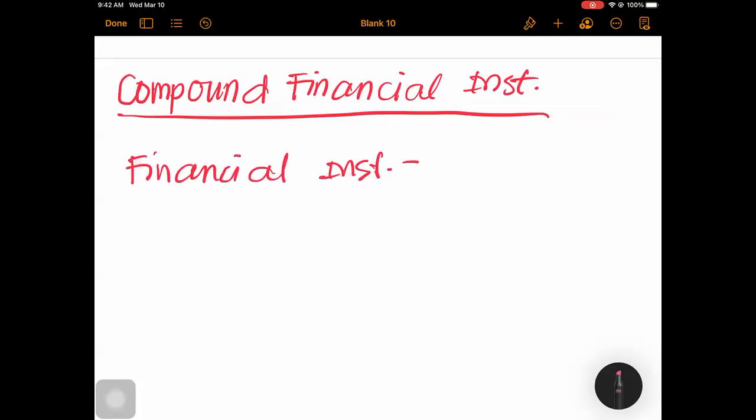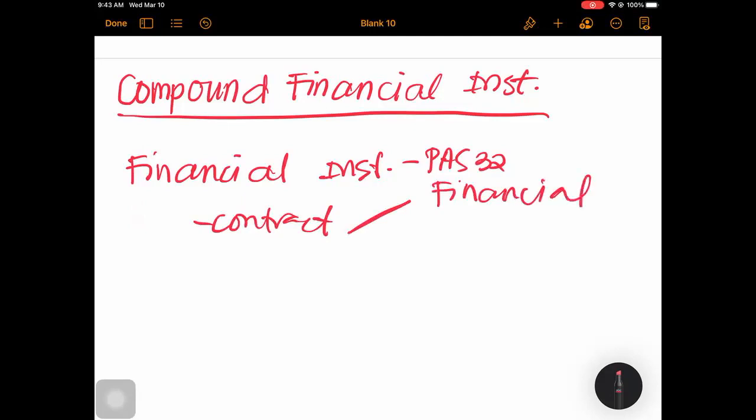Okay, so according to PAS 32, a financial instrument is defined as any contract. So, it's a contract that gives rise to a financial asset of one entity and a financial liability or equity instrument of another entity.